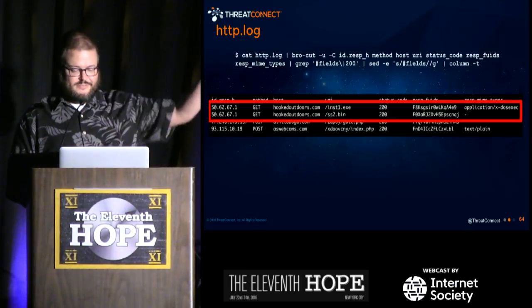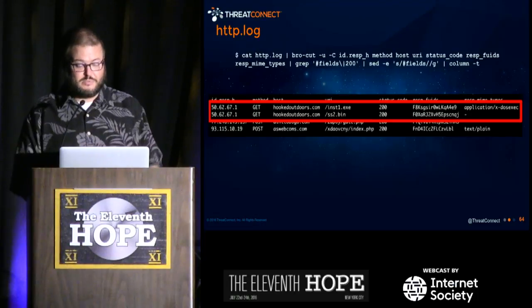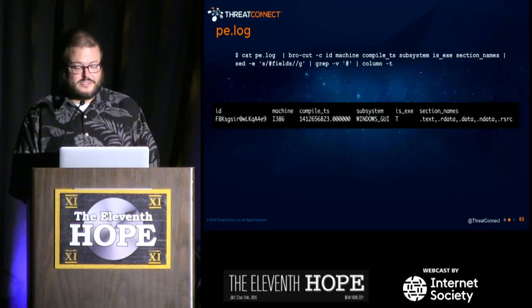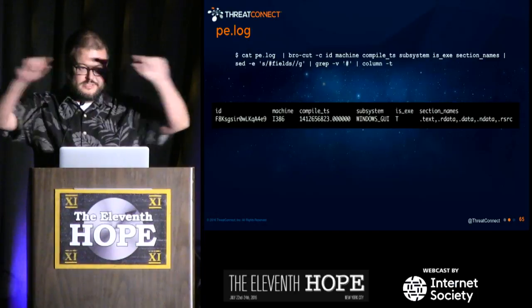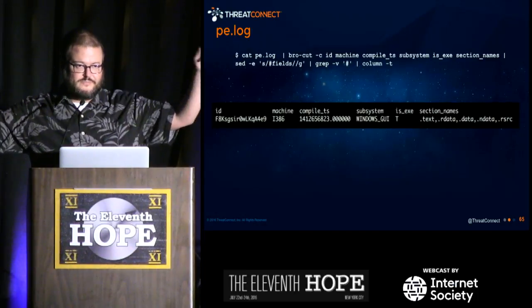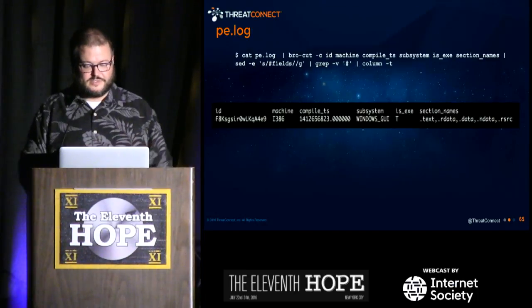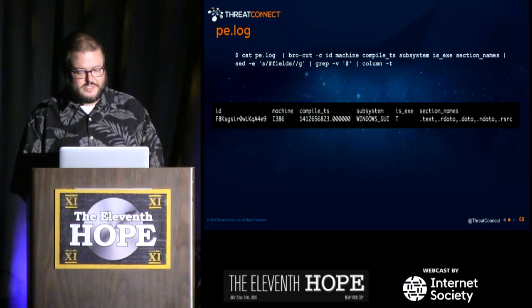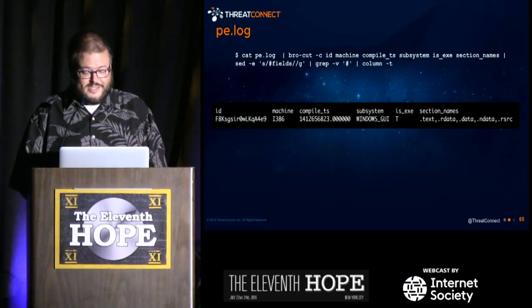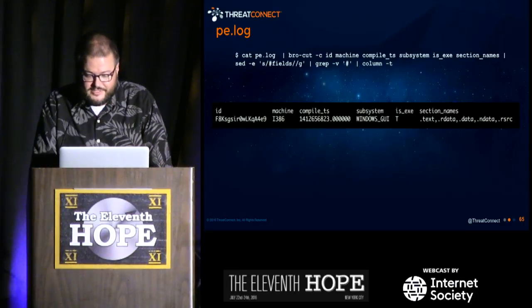That F8K ID is findable in other logs, and I can grep for that particular UID. I can see in the PE log the line that refers to that particular file. We can see here it's a Windows GUI. We get a few section names, and we also get the compile timestamp. All very good information.